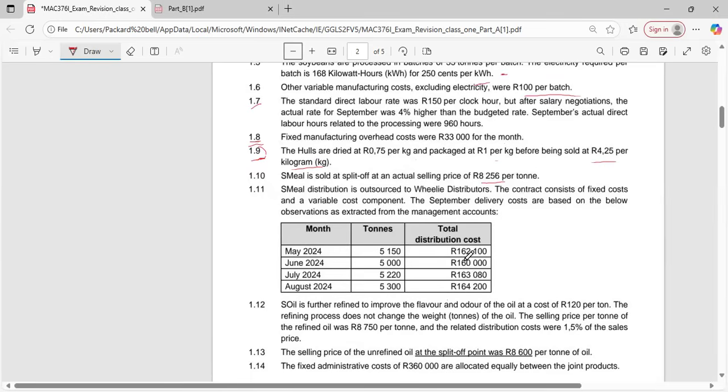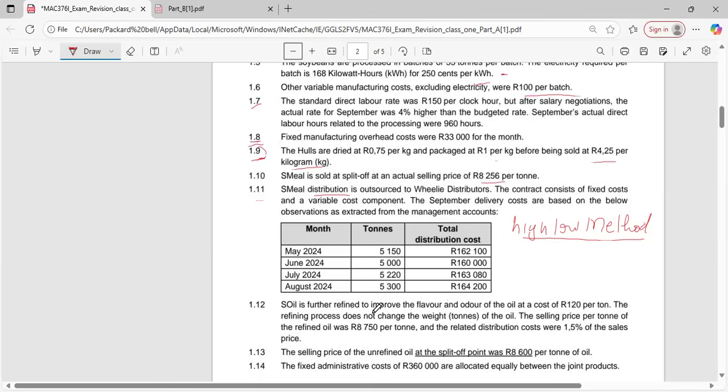Remember, this is the total distribution cost, so there is a fixed and a variable cost element in here. How do we split it? This is where your high-low method comes in. So you are going to use your high-low method on 1.11 to split the variable cost element and the fixed cost element, so that you can calculate the distribution cost of S mill. Right? So that's there.